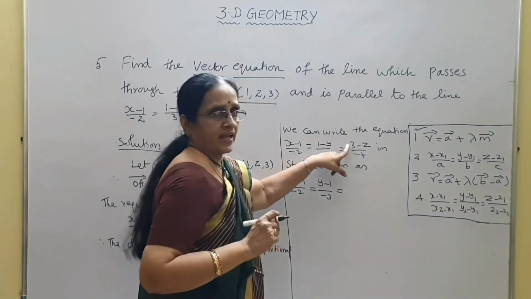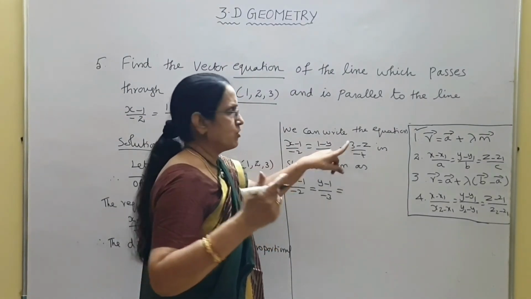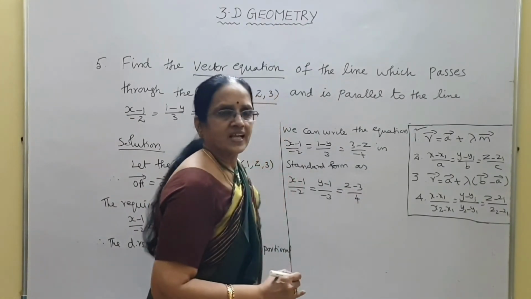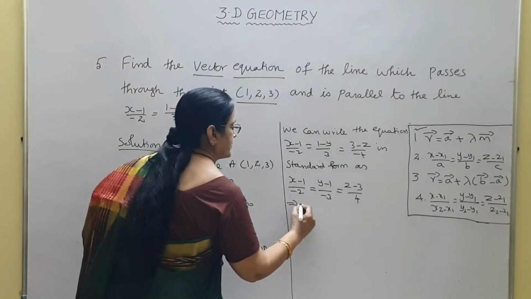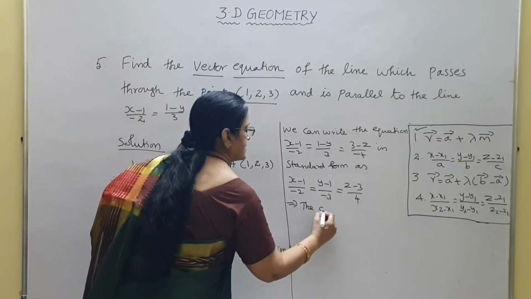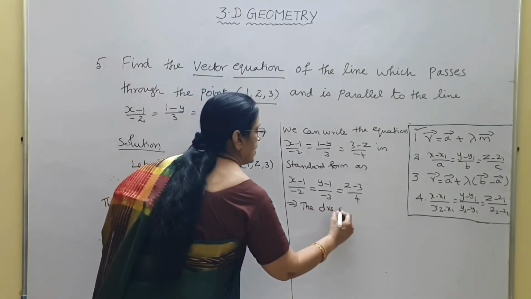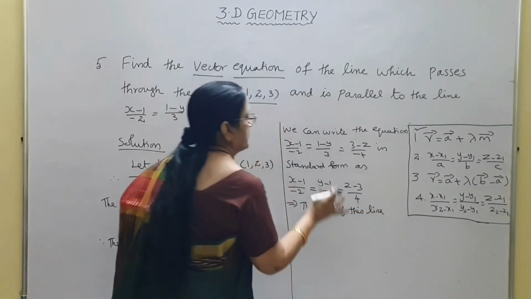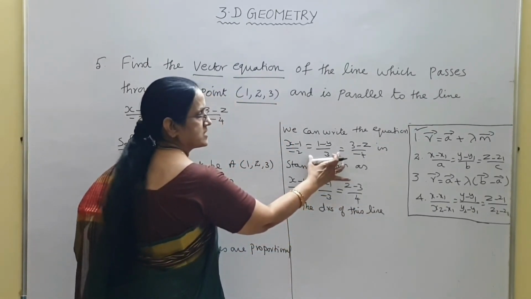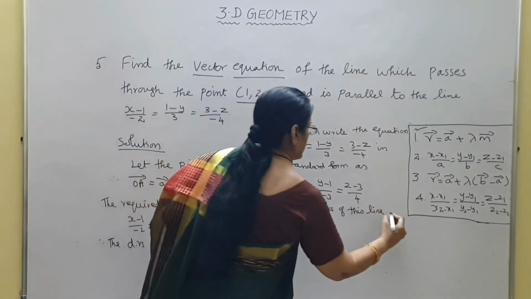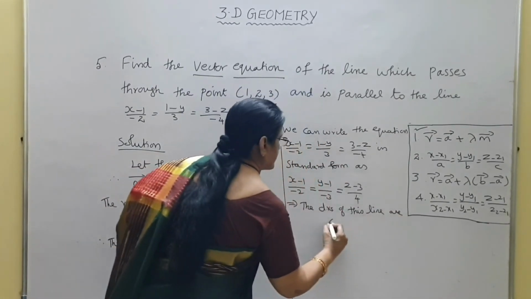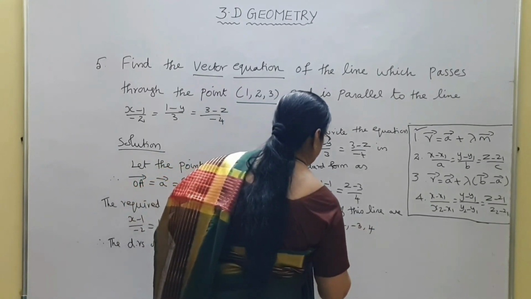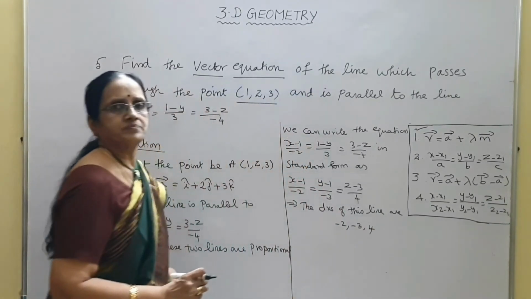Again, in this place, multiply and divide by minus 1, you will be getting (z minus 3)/4. This implies the DRs, the direction ratios of this particular line given to you, are minus 2, minus 3, 4.